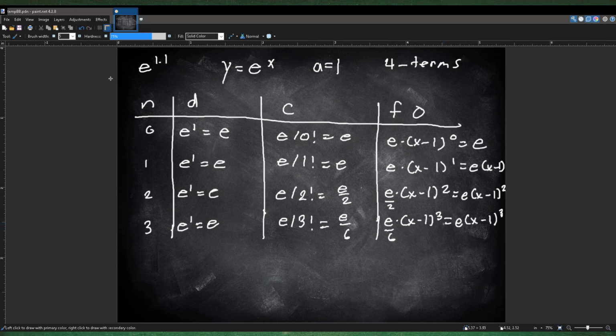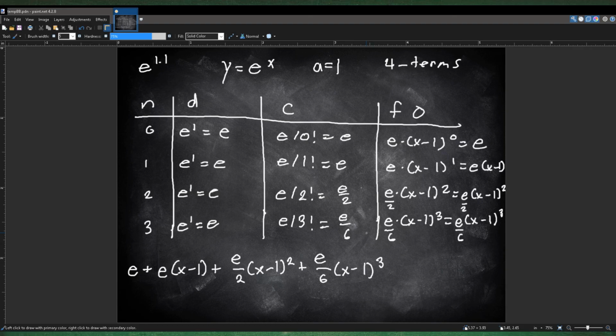So our general equation, I'll put it back over here too. We have e plus e times x minus 1 plus e over 2 times x minus 1 to the power of 2, plus e over 6 times x minus 1 to the power of 3, right?